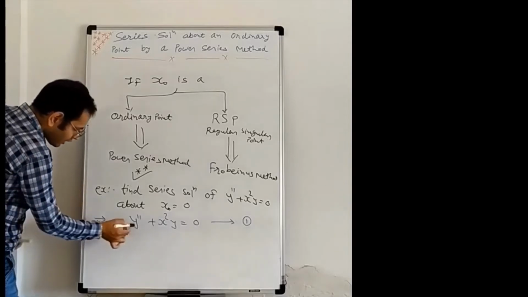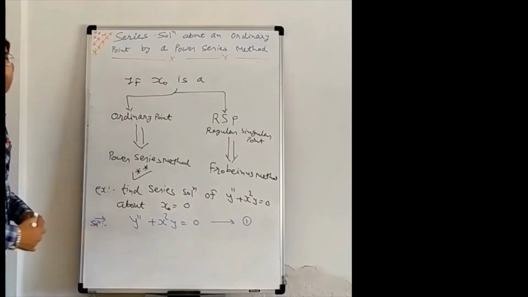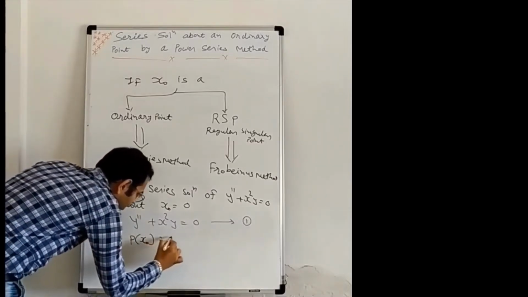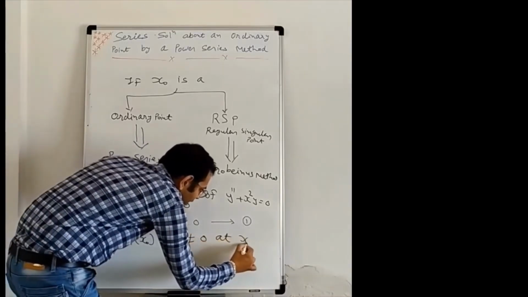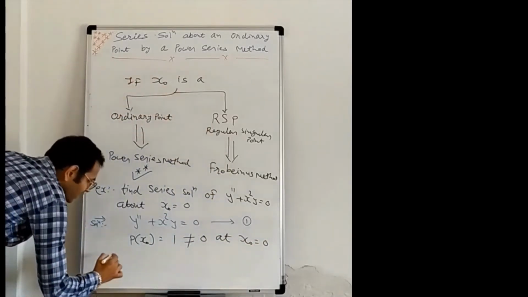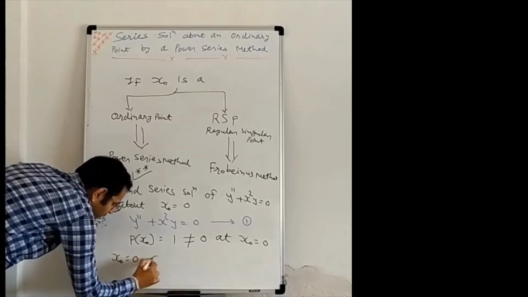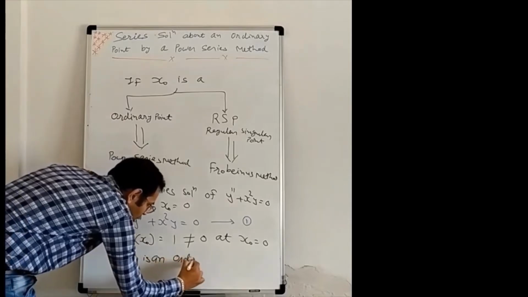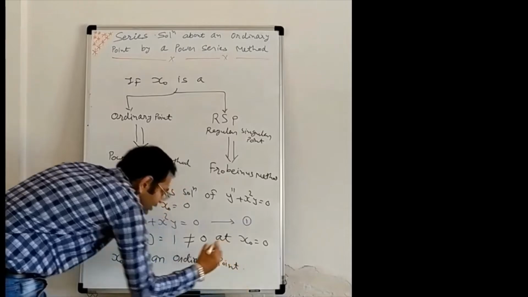Now, the coefficient multiplied with y double dash is indicated by P of x0 equal to 1, which is not equal to 0 at x0 equal to 0. Then we can say that x0 equal to 0 is an ordinary point. Clear?